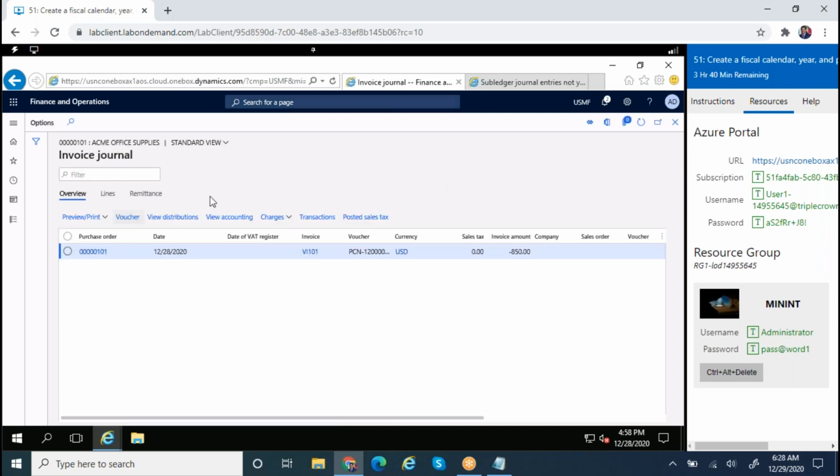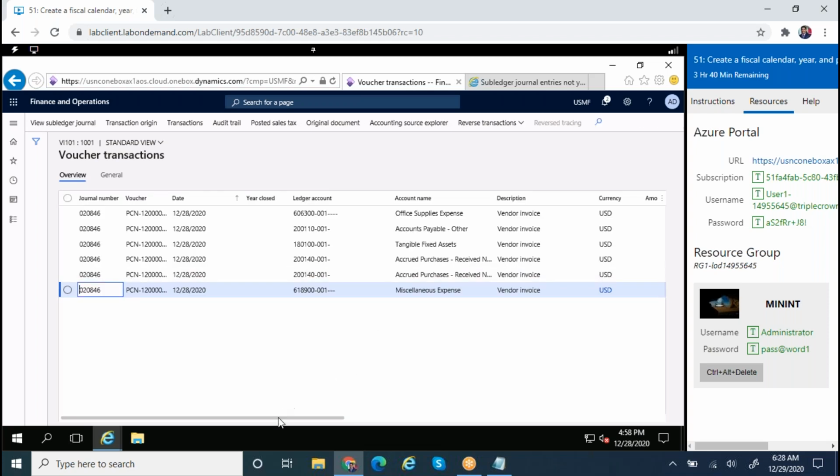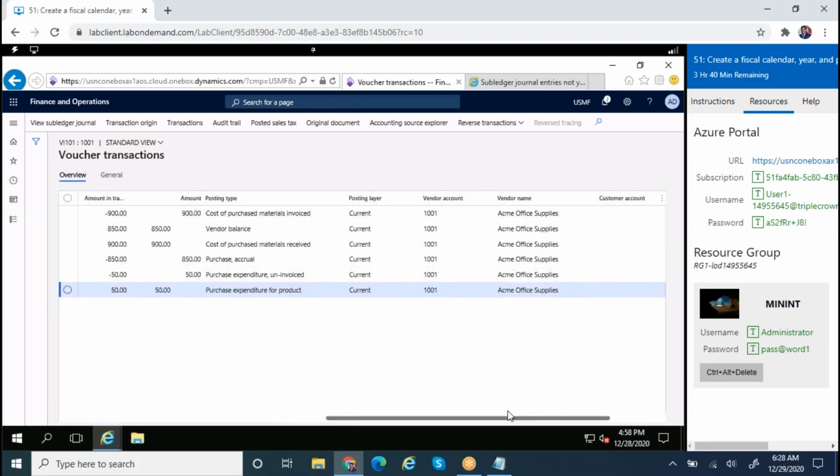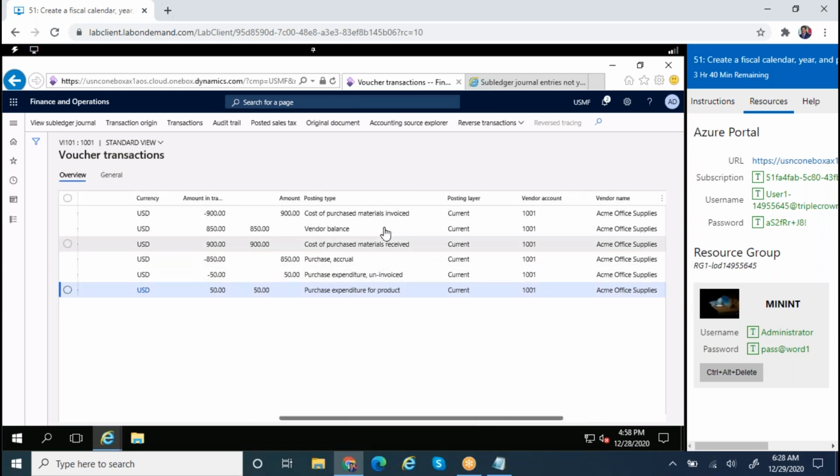Now, if you look at this voucher, see purchase expenditure for product. So earlier it was 3 transactions, now it is 3 transactions. Understood? The difference amount is posted to this account. It is 900, now it is 50, it was reversed. Clear or any doubt in this?